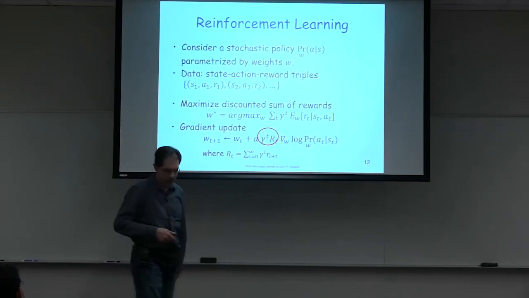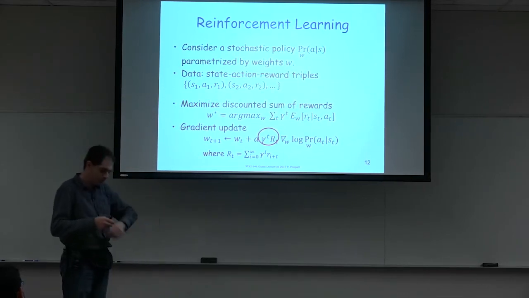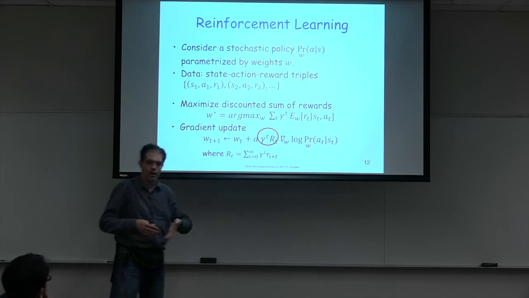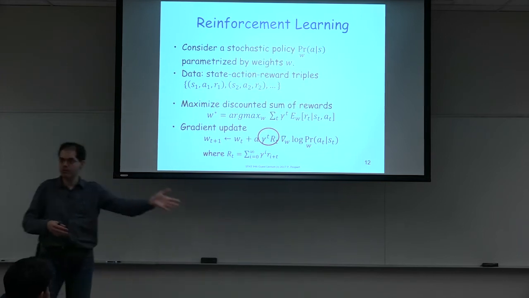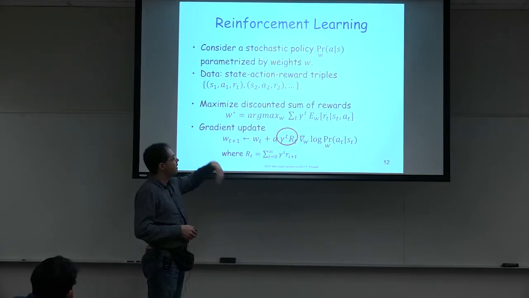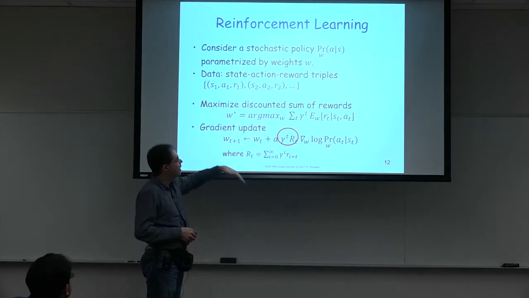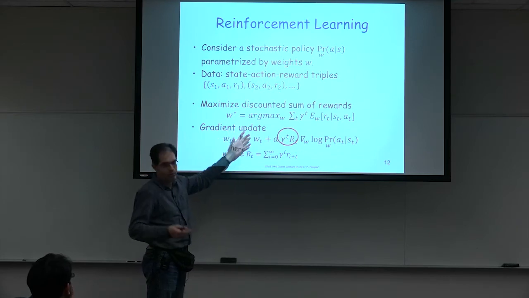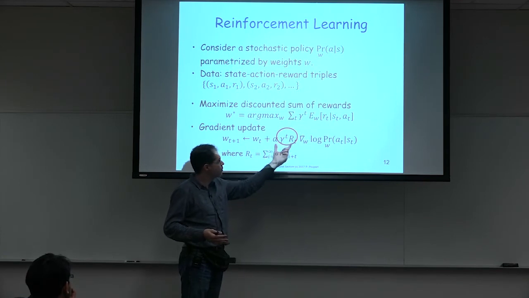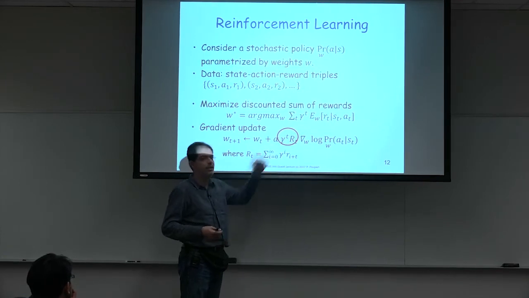That's why I've got an infinite sum here. Then I could sum up those rewards, and it's essentially one sample according to the execution of my policy once. We're going to see in a moment that computing the gradient, in this case for a policy update, is very similar to supervised learning. The main difference is that we simply introduce this gamma raised to the power of t times RT.